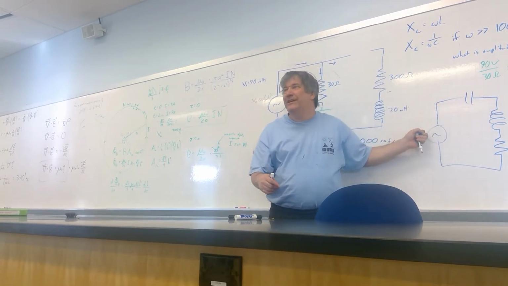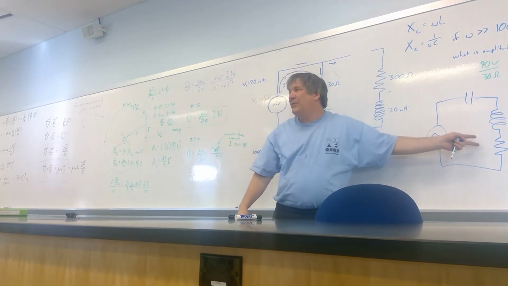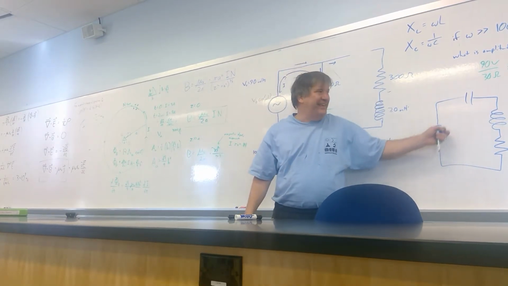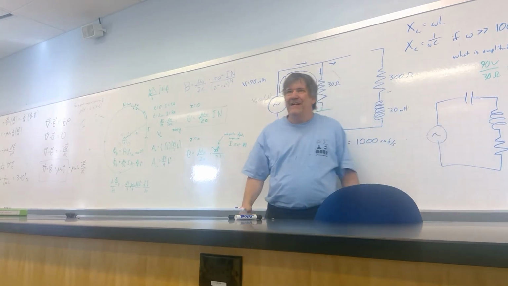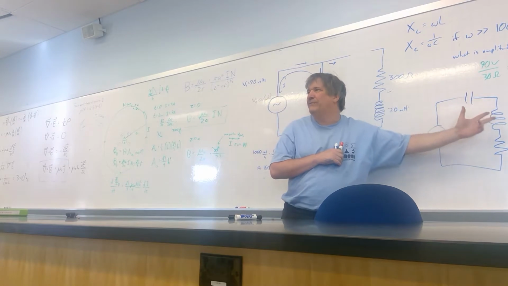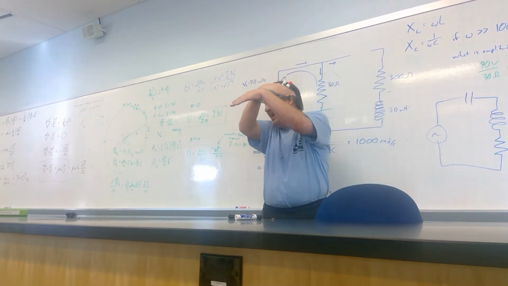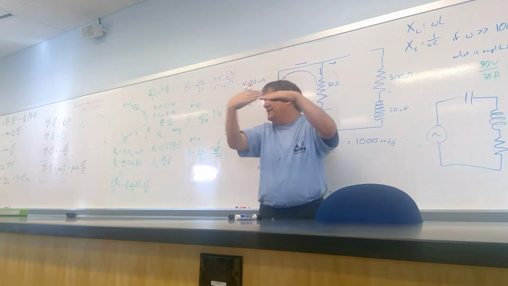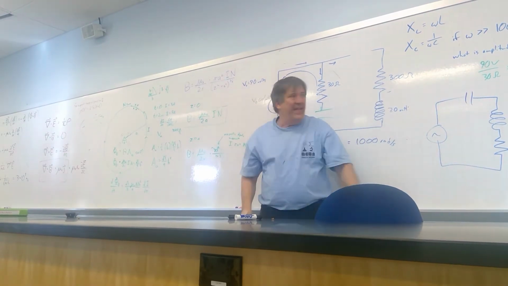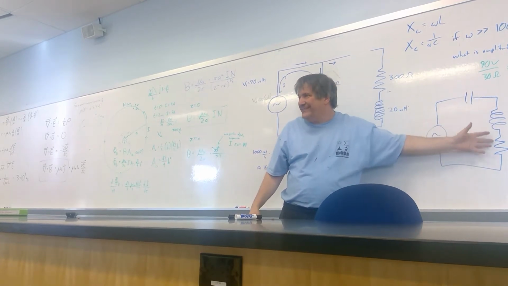So the only time you get appreciable current is when the frequency is somewhere in the middle. That's the whole idea of resonance. When omega equals 1 over root LC, you've got a reasonably small impedance there and a reasonably small impedance there. In fact, if you look at the phase relations, the direction of those phasors, those impedances actually cancel each other. And that's when, once again, the only impedance left is my resistor.